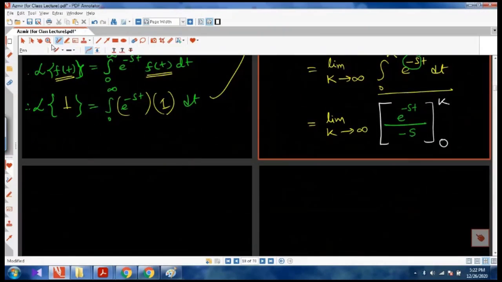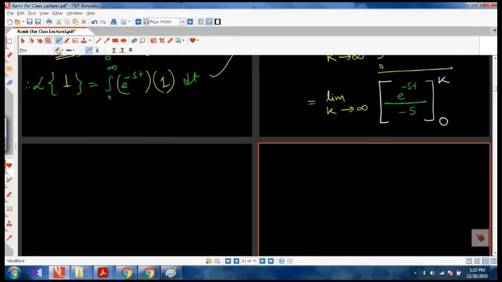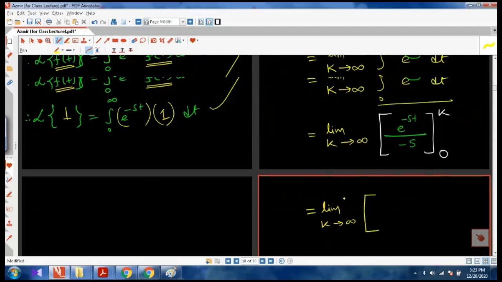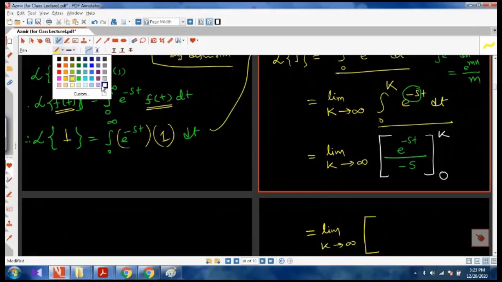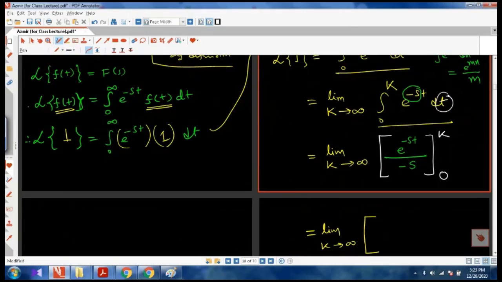So let's try to solve. Limit k tends to infinity. Now we have solved in terms of which variable? We have solved in terms of the time variable t.